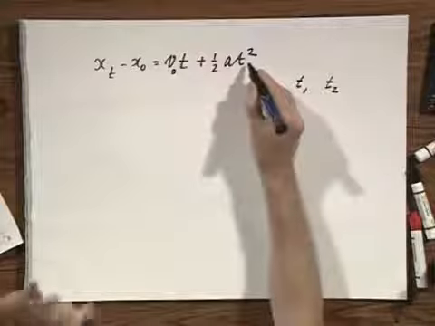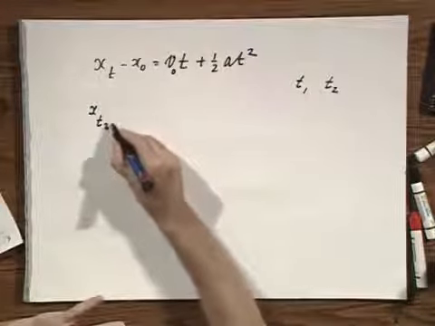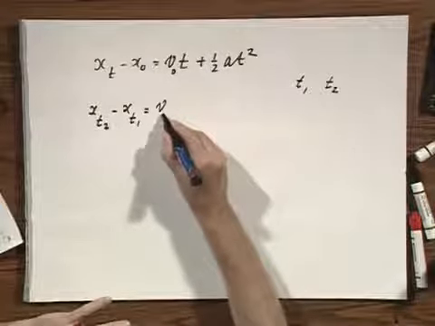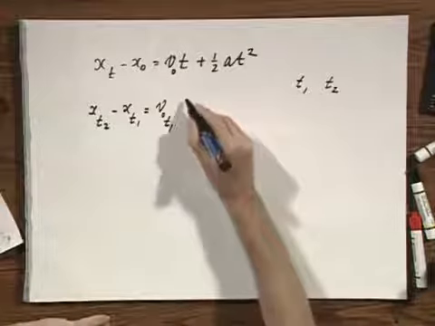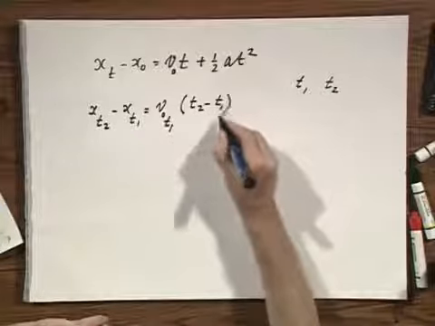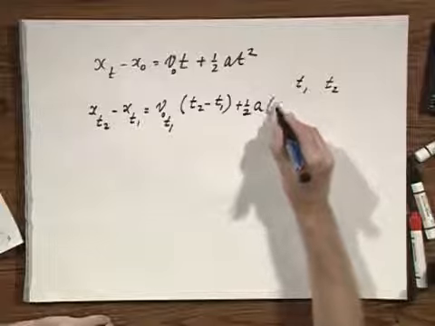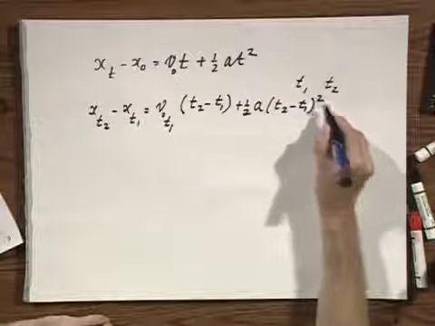And so I'm going to write this equation slightly differently. x(t2) minus x(t1) now equals v0 at time t1 times the time that elapsed between t2 and t1 plus 1/2 a times the time that elapsed squared.